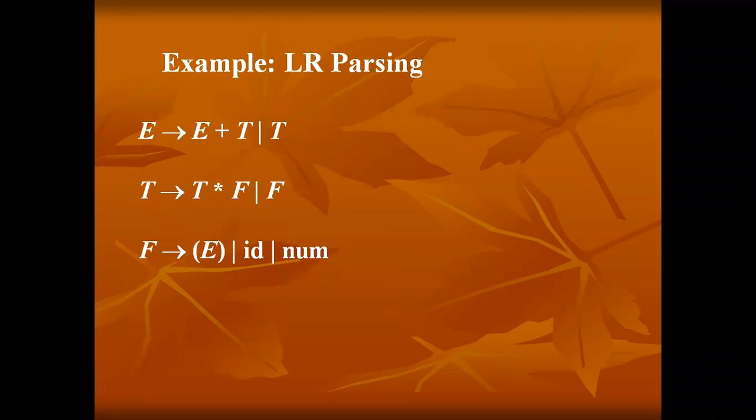In the next class, I will explain how to construct the table from these computations. And after constructing the table, I will show you the stack implementation, that is, how the input string is going to be parsed with the stack. And then finally, we represent the graph. That graph is nothing but a finite automata.